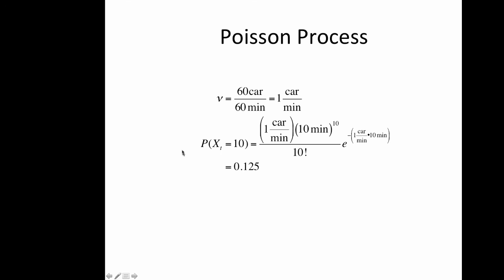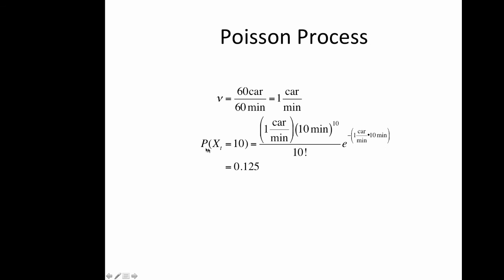So taking this to the extreme, that 60 car example, and now modeling it as a Poisson process, our rate parameter, our nu, is the average number of occurrences during some unit, and it was observed that 60 cars make the turn in 60 minutes, so our rate parameter is 1 car per minute.